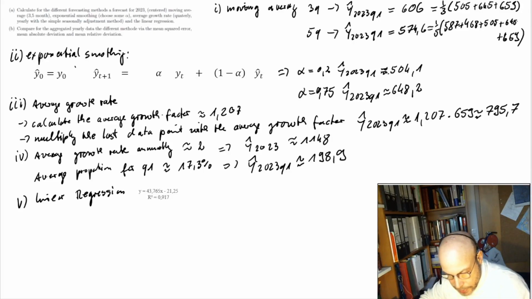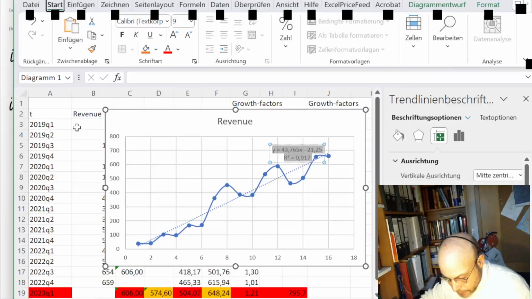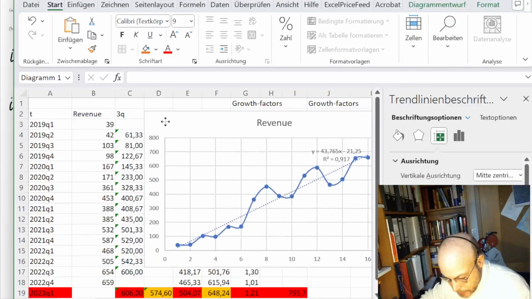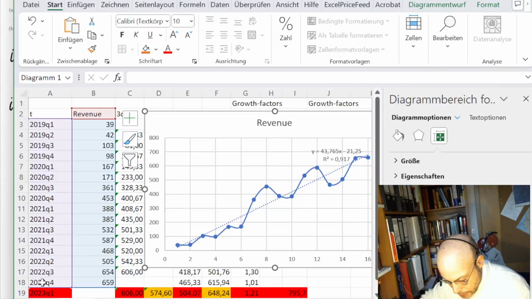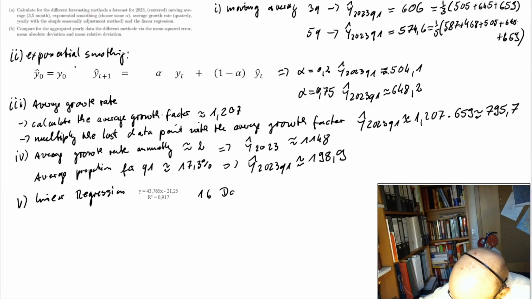How many data points do we have? I think 4 years, so 4 quarters, so we have 16 data points, 2019 to 2020. So we have 16 data points.